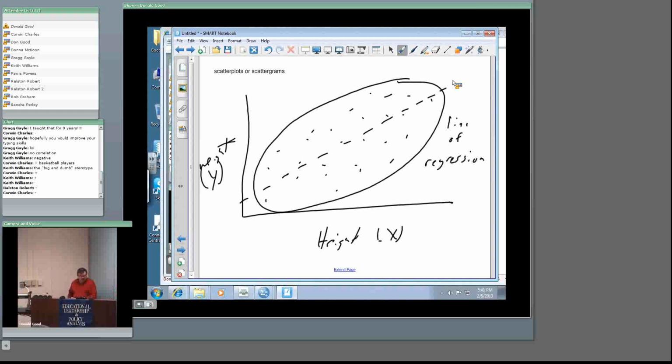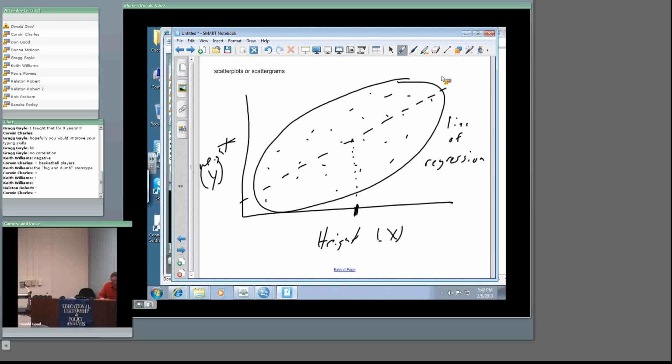For example, if I had someone at this height, I could predict what that person's weight is by going up to where I hit the line and seeing where that falls on the weight scale.